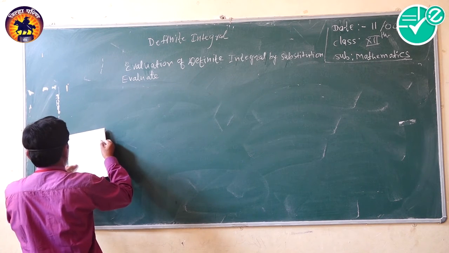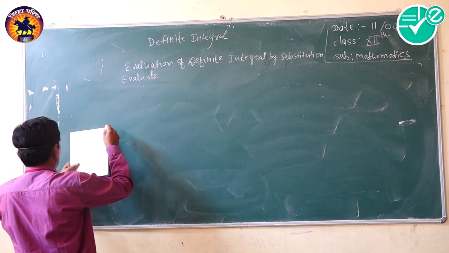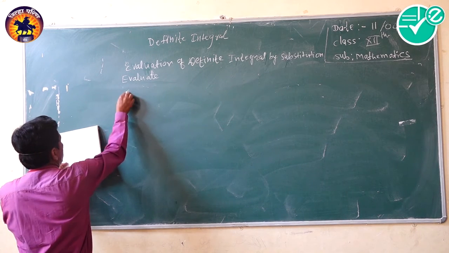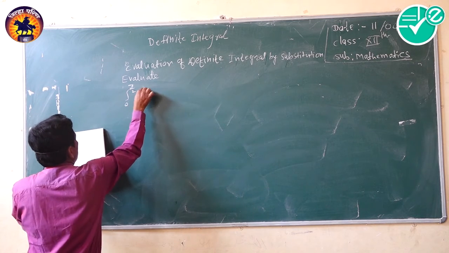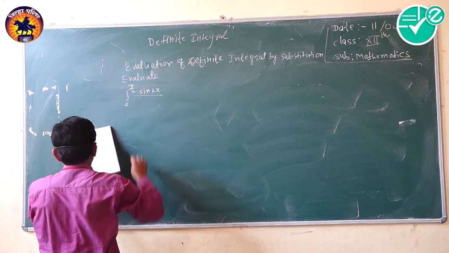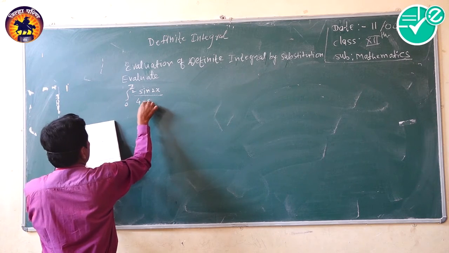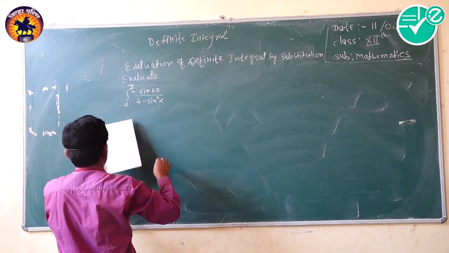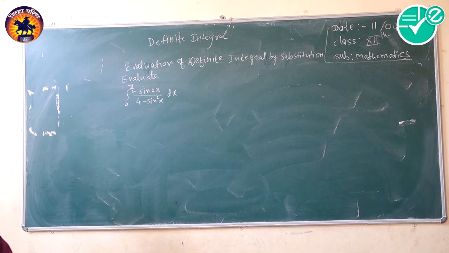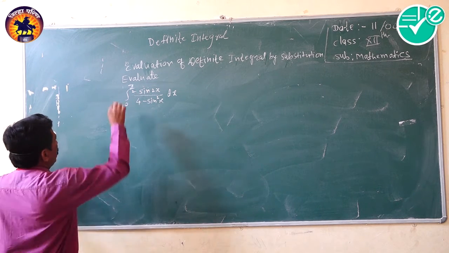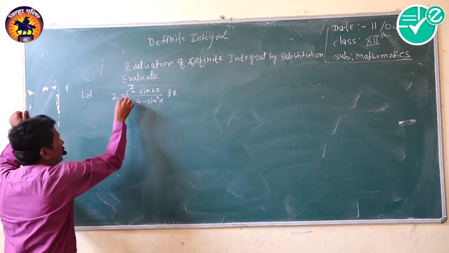Evaluate integration from 0 to pi by 2, sin 2x upon 4 minus sin square x dx. Again, let I is equal to this.